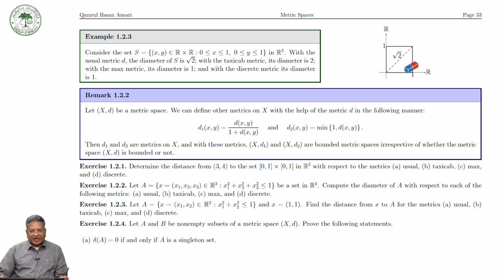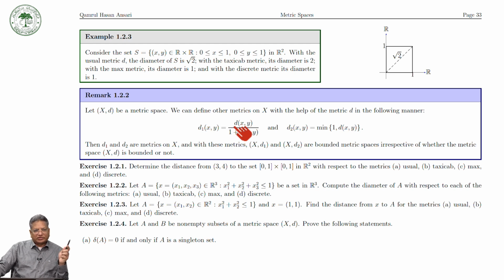And then we have mentioned that if you have a metric space (X, d), then with the help of this d, we can define several metrics, namely the metric d1 in this way and d2 in this way. And then we ask whether d is a bounded metric or not.